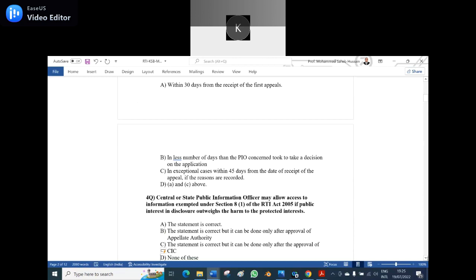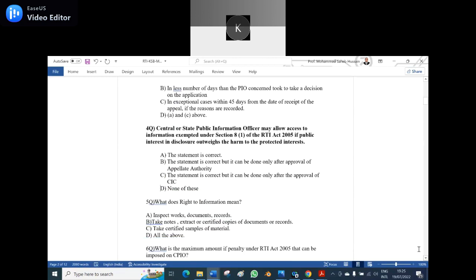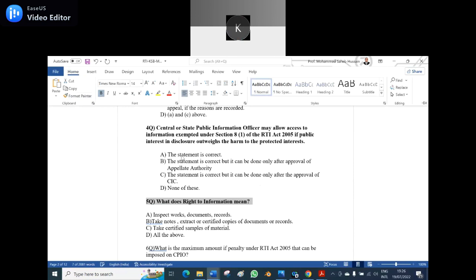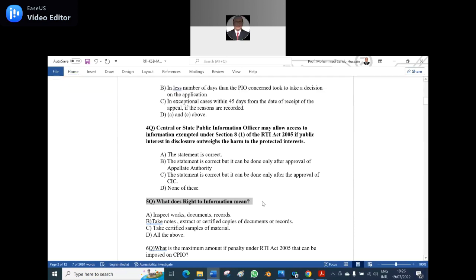D. None of these. Option A, sir. The statement is correct. Pass, sir. Option C is the correct answer. The statement is correct, but it can be done only after the approval of the CIC, the Central Information Commission. If the public interest outweighs the harm to the protected interest, then the CIC can take a decision to disclose it.